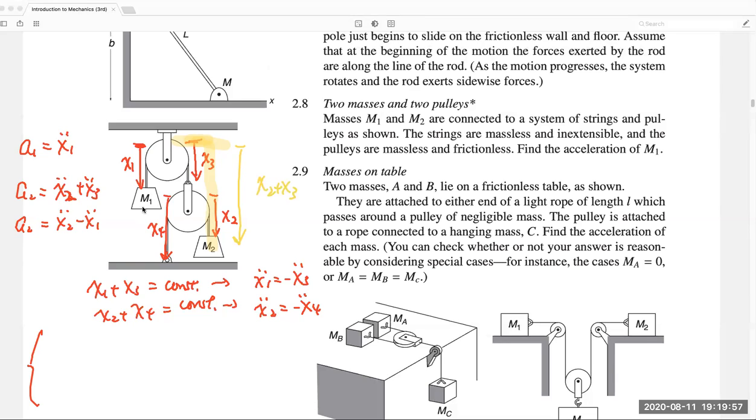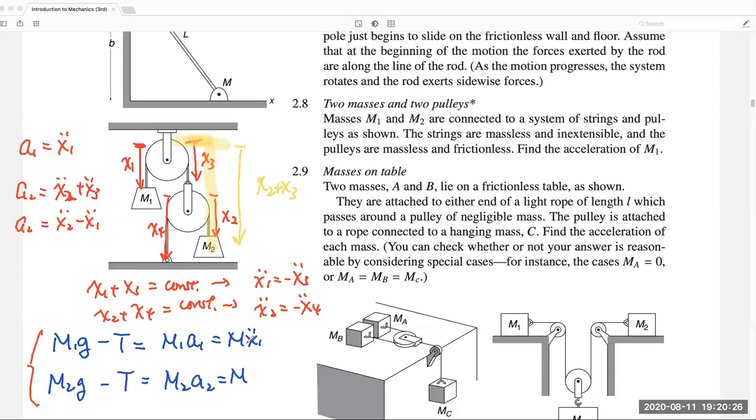For the M1 object, because we have let downwards be positive, for the force equation you need to use M1G minus tension. That will be equal to M1 times A1. So similar for M2, that's M2G minus tension equal to M2 times A2.